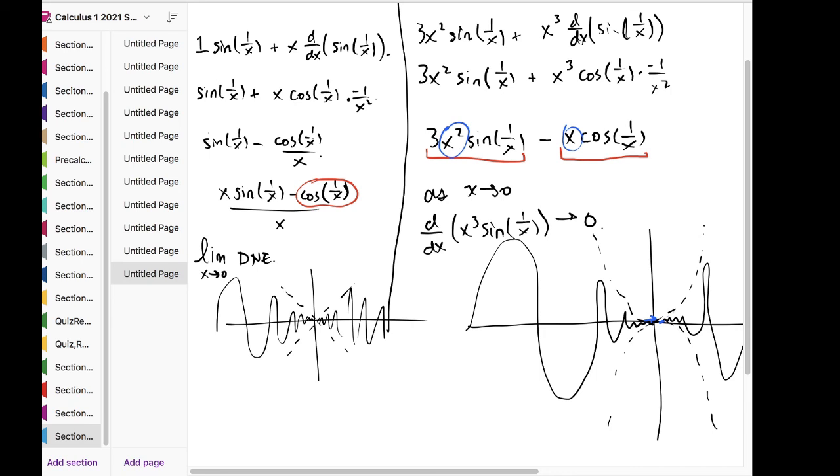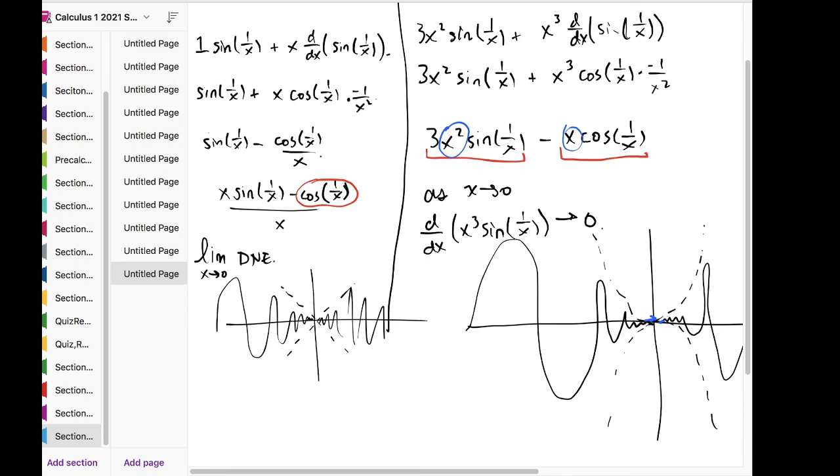See how much it flattens out. This is still oscillating up and down a lot, while this is really flattening out very quickly. This picture here would be the x cubed graph. Now the derivative of this is approaching 0. This has a clear limit of 0.